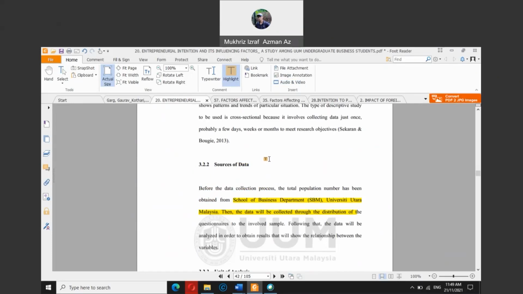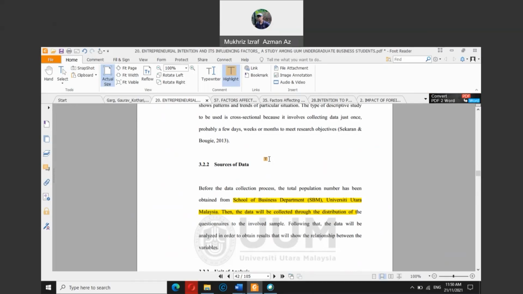Even though I mentioned that, okay, for the project, for this semester, you are not required to do the actual data collection involving the actual sample. So for example, if you are planning to ask about the cost of living among the B40 people in Kedah, you are not required to go and find the actual respondents or samples that belong to the B40 groups.